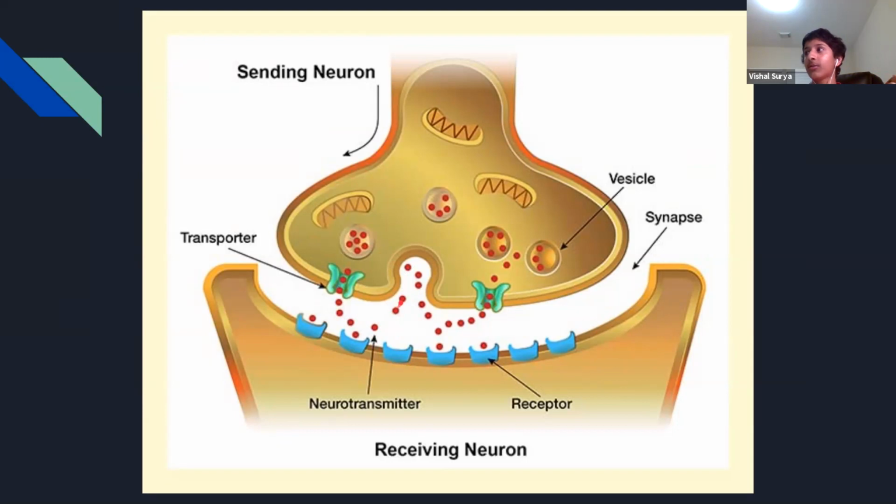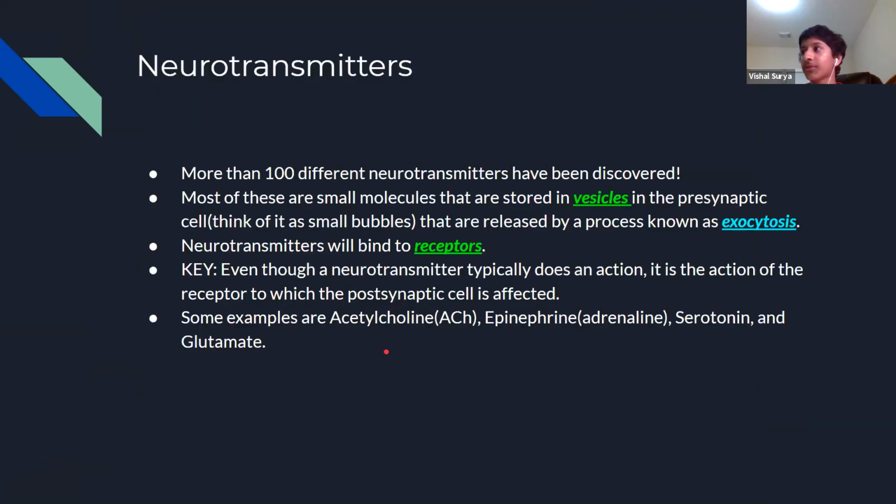So they travel from the inside of the cell to the synapse in between the two neurons, and then they go to the receptor. This happens mainly by a process known as diffusion, where molecules spread throughout something like a liquid, for example. So that's how they travel. Good question.